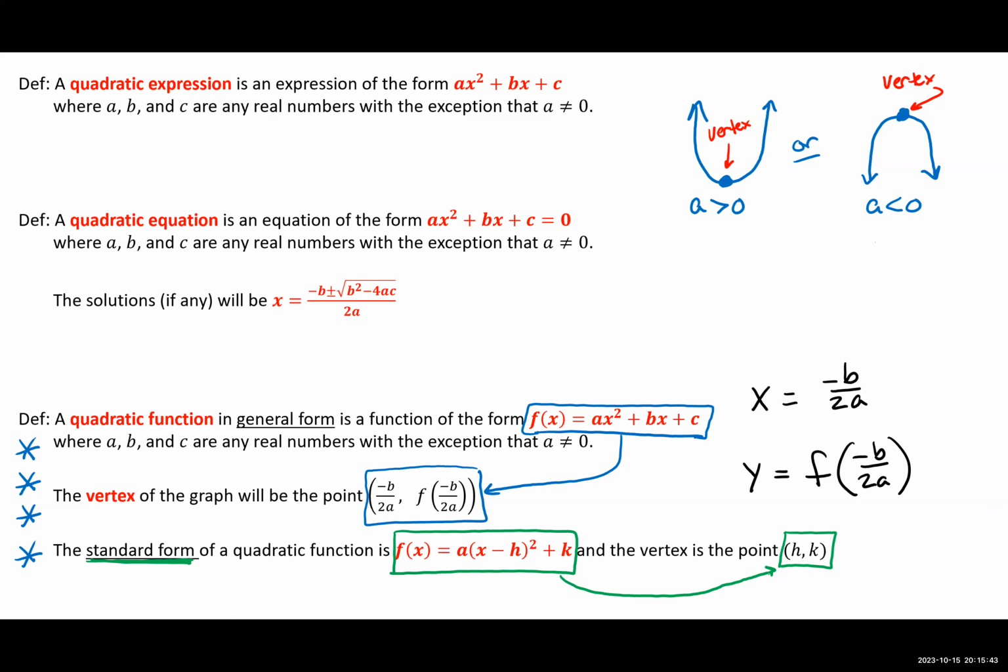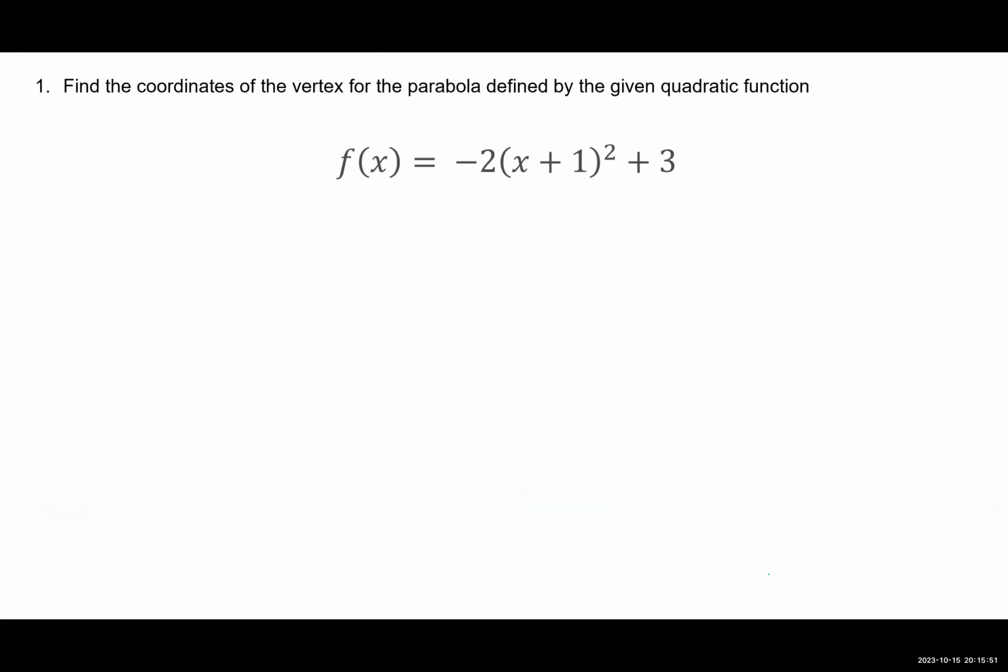So let's do a couple of problems first, one with the standard form, one with the general form. Find the vertex. Number one, find the coordinates of the vertex for the parabola, which is the graph defined by this particular function. Our generic model for standard form is f of x equals a, parentheses, in this case the a is the negative 2.